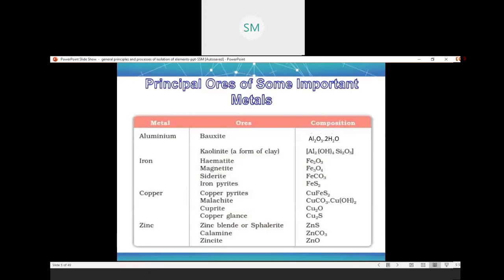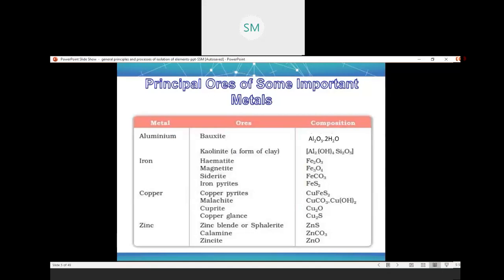These are some principal ores of important metals. For example, bauxite and kaolinite are the ores of aluminium. We are extracting aluminium from bauxite. Hematite, magnetite, siderite, and iron pyrites are the ores of iron, whereas from hematite ore only we are extracting iron profitably and conveniently.